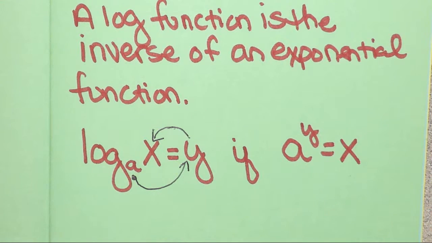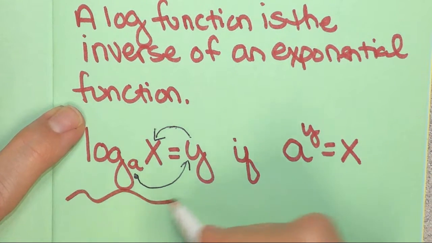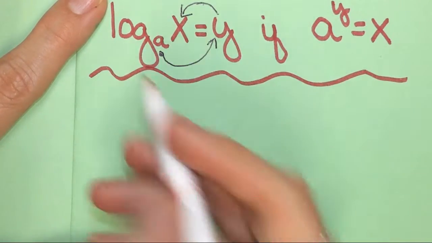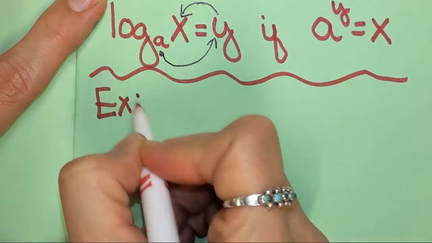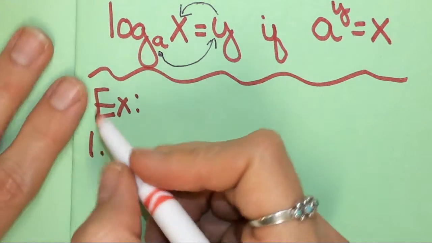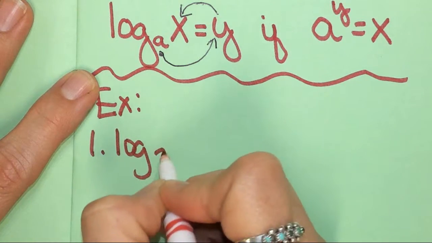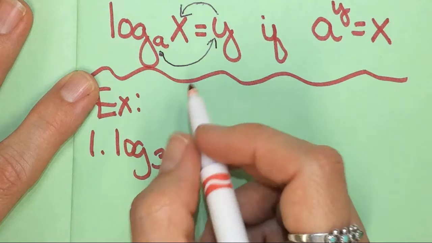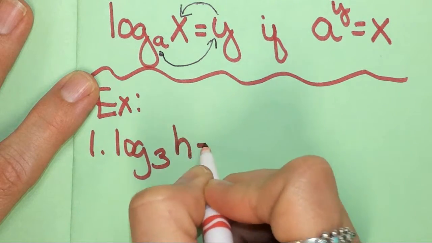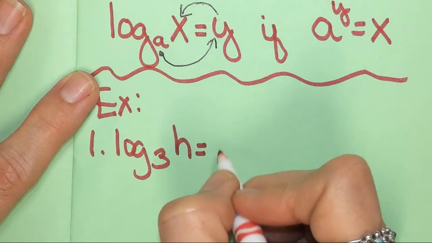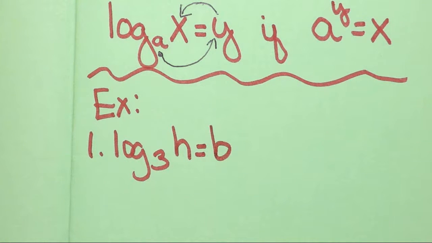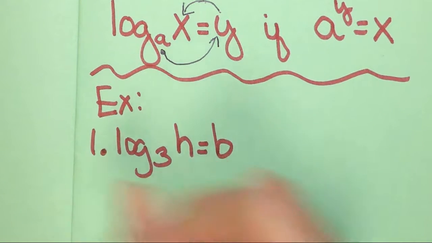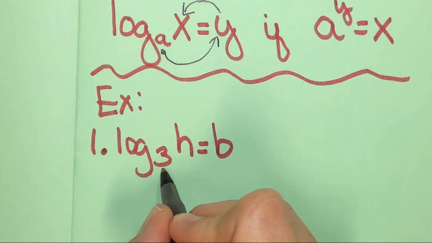So we're going to do 2 quick examples. They're not hard at all. So example 1. If I give you log base 3 of, give me a letter. H equals, give me another letter. B. We're going to rewrite this as an exponential function. So to rewrite it as an exponential function, you start with your base. What is my base? 3.